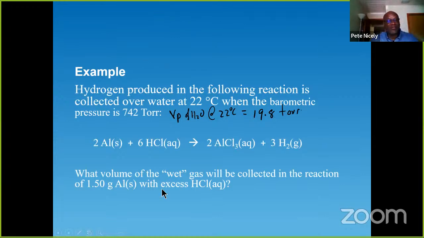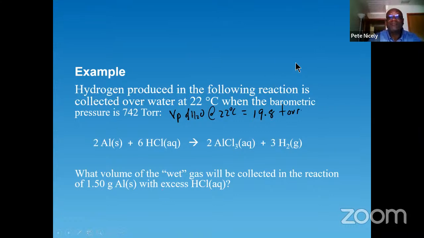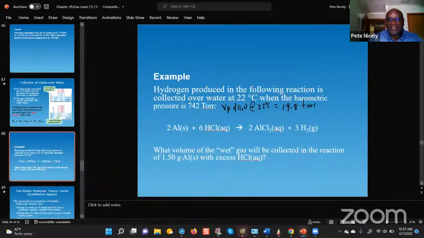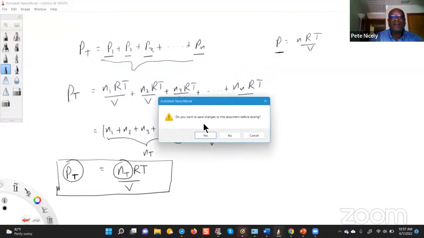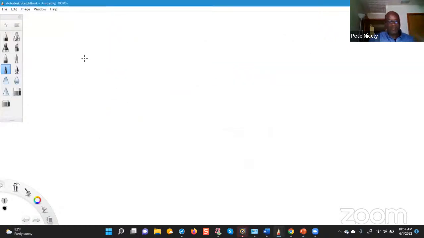So what I'm going to do is get out of this and go to my writing application. According to the question, well, let me write down the balanced equation first.